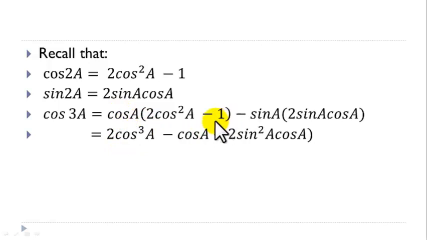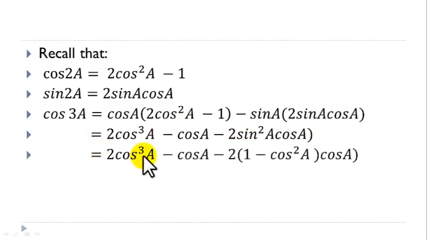Cos a times minus 1 will give us minus cos a. Minus sin a times 2 sin a is minus 2 sin squared a, then times cos a. That will give us minus 2 sin squared a cos a. And this is equal to 2 cos cube a minus cos a minus sin squared a, which is equal to 1 minus cos squared a, then times 2 cos a.